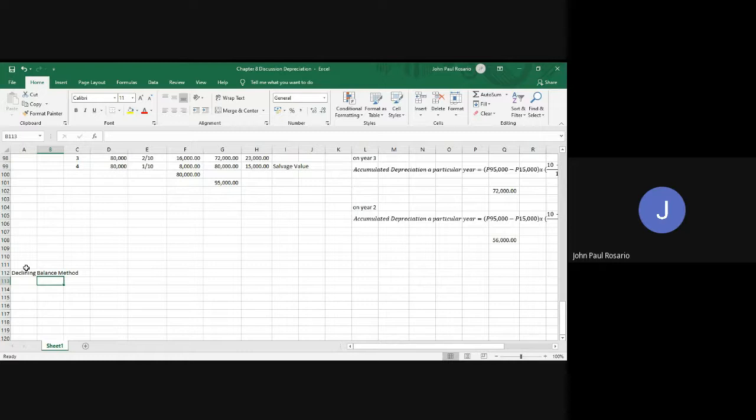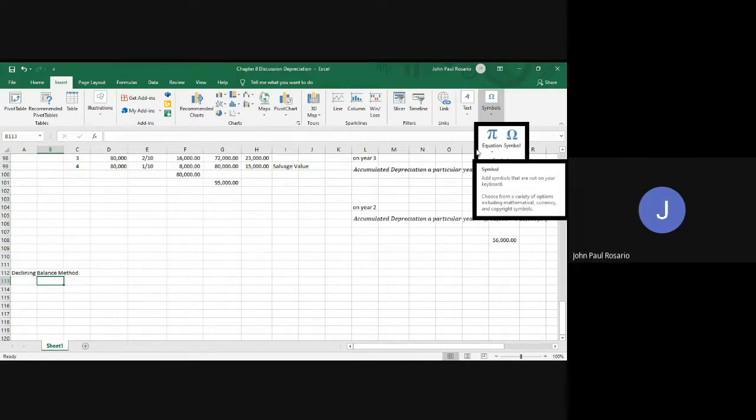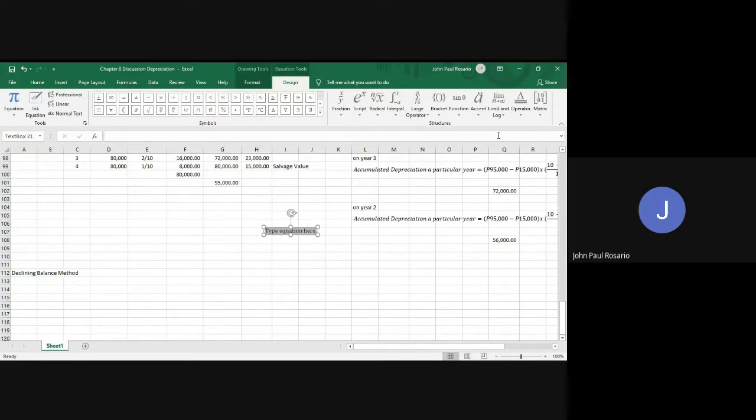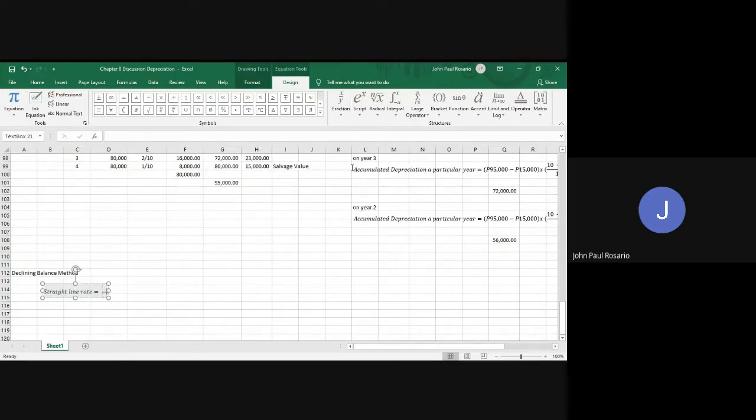The straight line rate actually, let's insert an equation. So how do you get the straight line rate? Your straight line rate is simply equal to 1 over useful life.